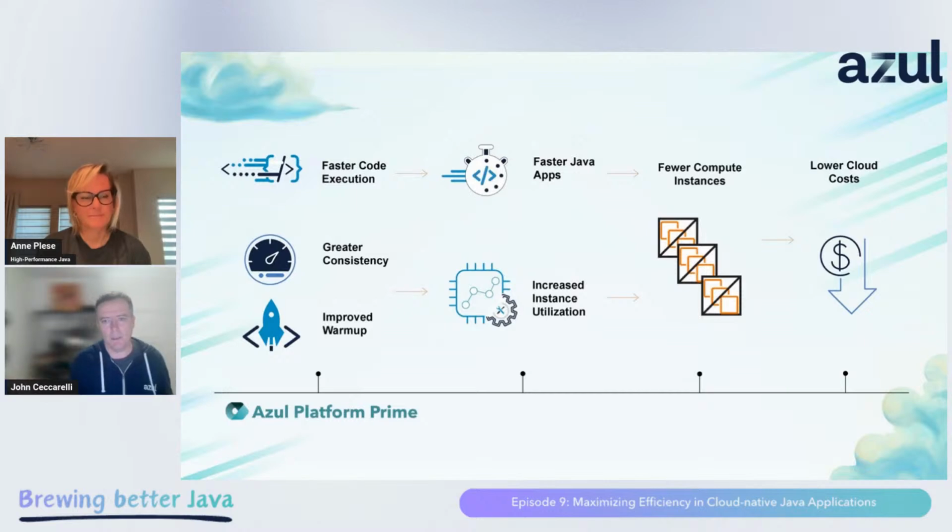And then the final way we do this is, everybody knows the main thing about cloud that saves you money is the elasticity and the ability to only pay for what you actually use, to spin up servers out of thin air when you need them and shut them off when you don't.